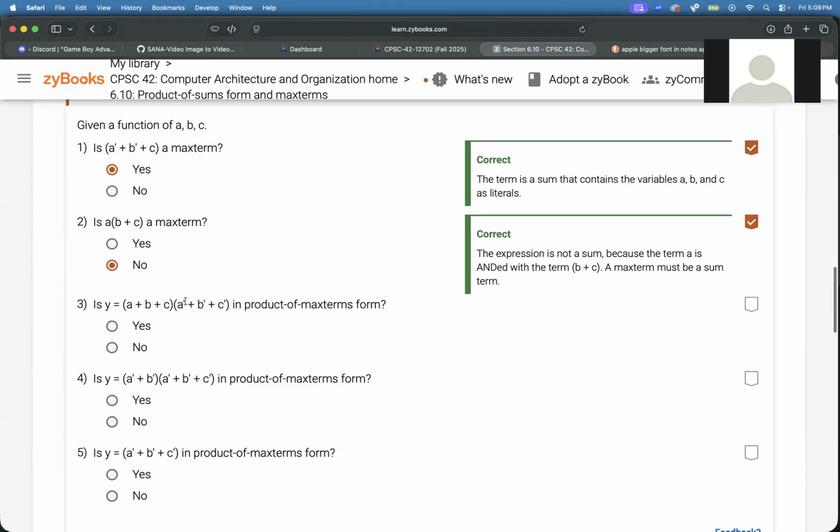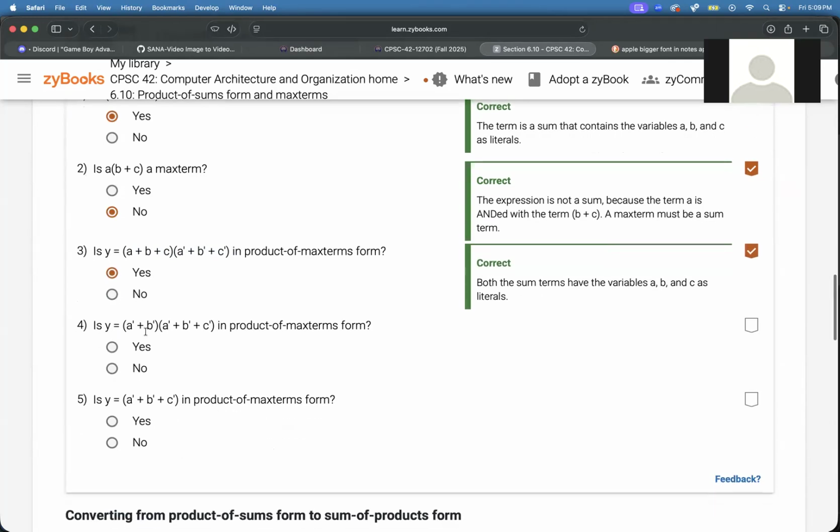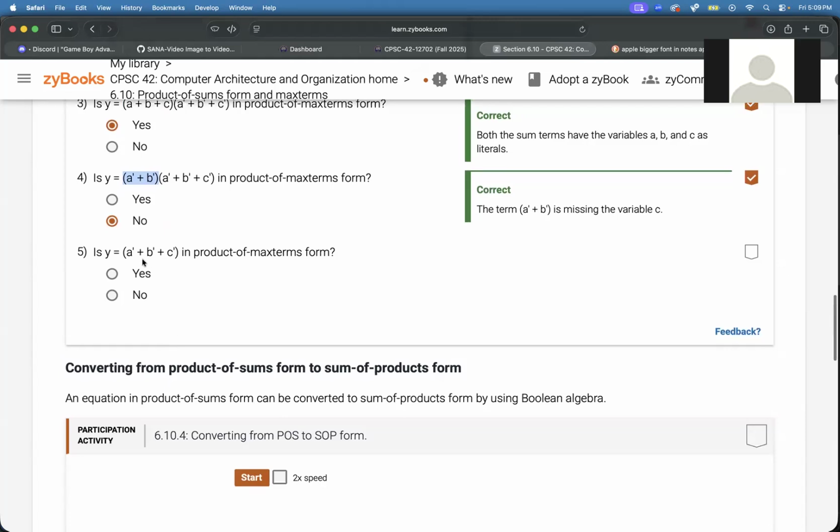We have an ABC and an ABC. Yeah, I think so. Is this A plus not B, A plus not B plus not C? No, because this first one is missing the C, right? So we're not allowed to be missing the C. Is this a product of max terms? Yeah, I guess so.